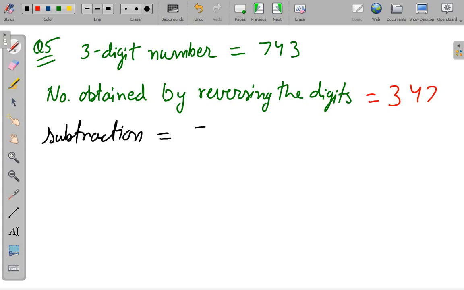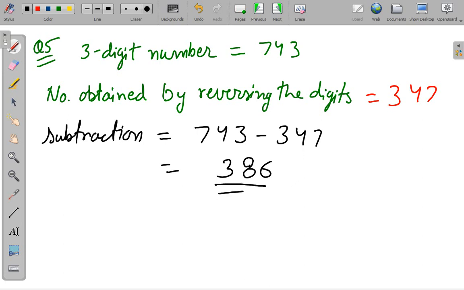Subtraction of these two numbers will be 743 minus 347. 13 minus 7 is 6. 12 minus 4 is 8, and 6 minus 3 is 3. 386. Now we have to determine the quotient when this number is divided by 99, 11, and 33.